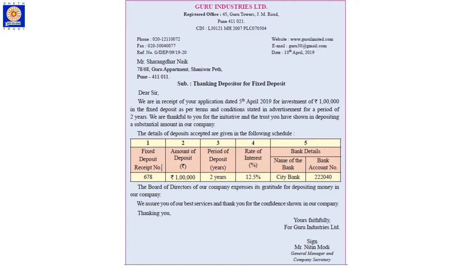The amount of deposit is rupees 1 lakh. The period of deposit is 2 years. The rate of interest of the deposit is 12.5%. This was not given in the introduction part; the rest of the information, the amount and period of the deposit, was. The fifth column is further divided into 2 parts: bank details, the name of the bank and the bank account number.